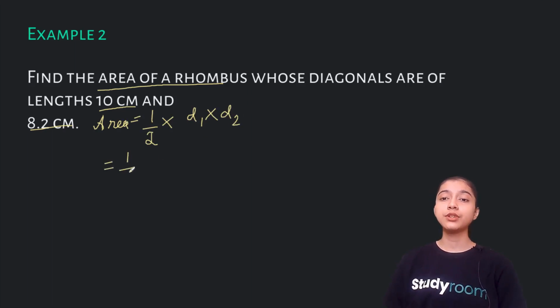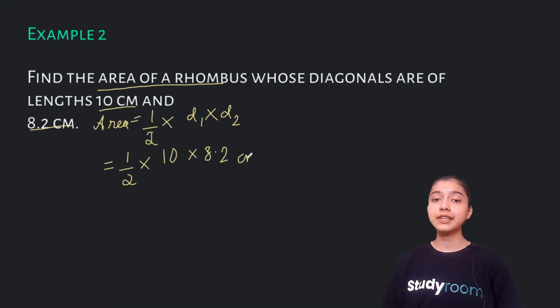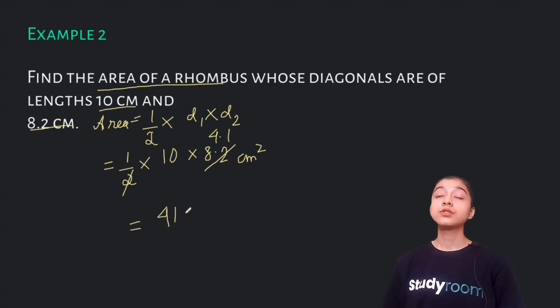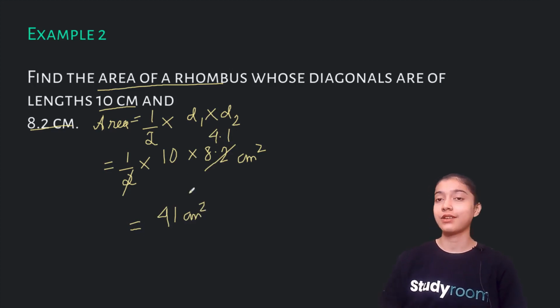So this will be equal to half multiplied with 10 multiplied with 8.2, and the unit will be centimeters square. This 2 gets cancelled with 8.2, leaving behind 4.1. Now 4.1 multiplied with 10 gives us 41. So ultimately the area of the rhombus is 41 centimeters square.